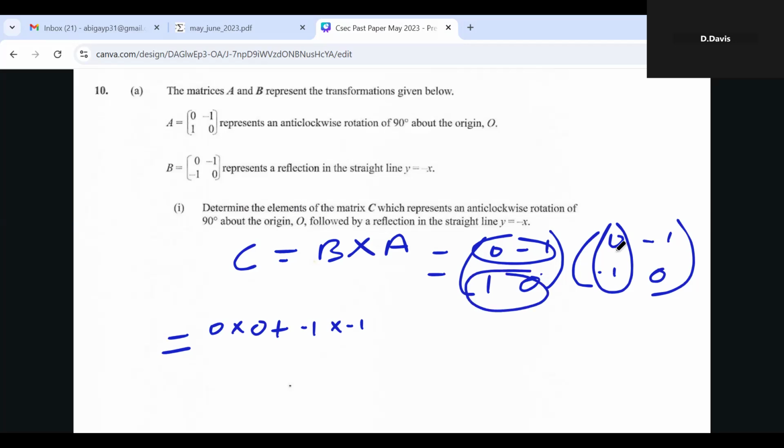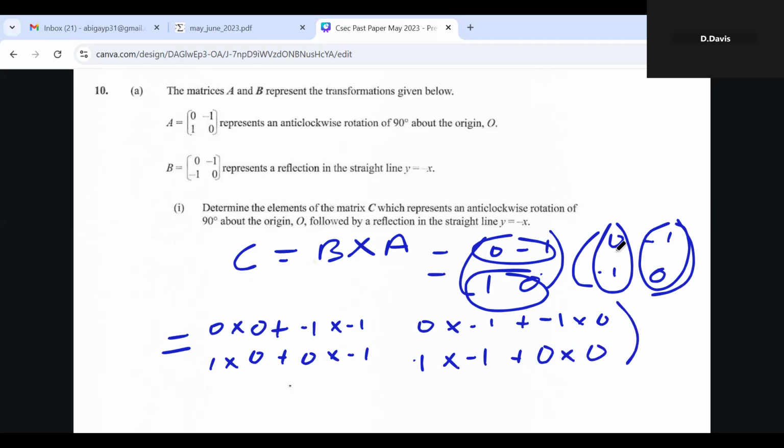And then this row times that column would be negative 1 times 0 plus 0 times negative 1. And then same thing now. So this row times this column, 0 times negative 1 plus negative 1 times 0. In this row, this column, negative 1 times negative 1 plus 0 times 0. Okay, so all of that.